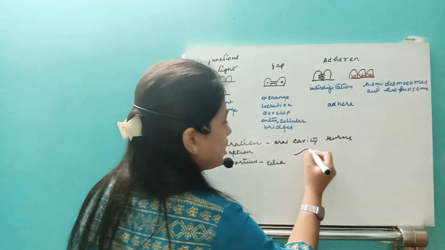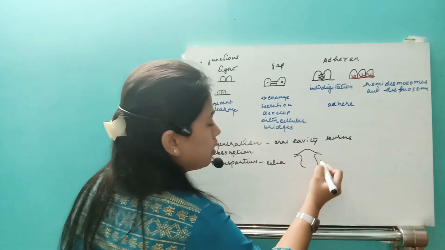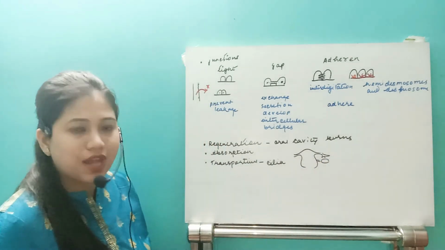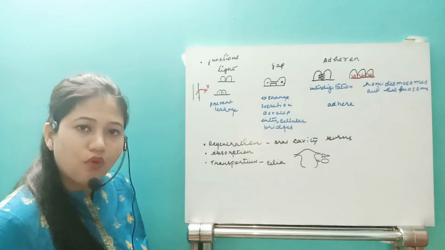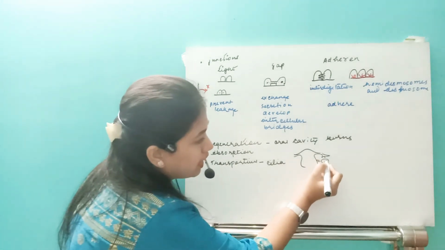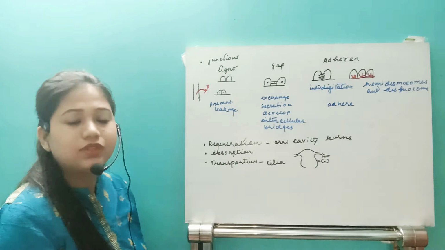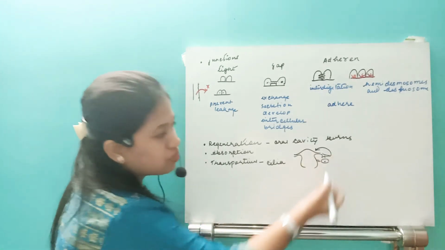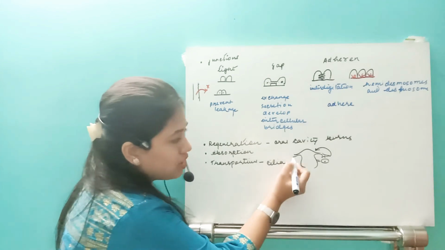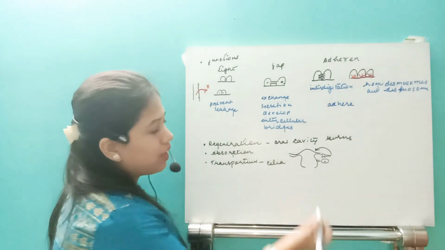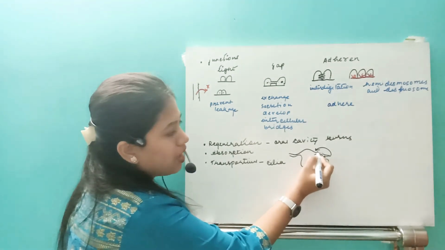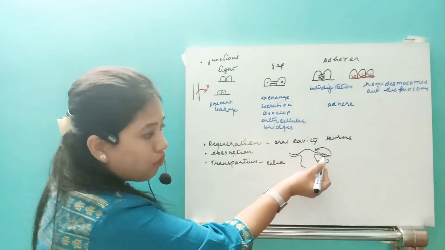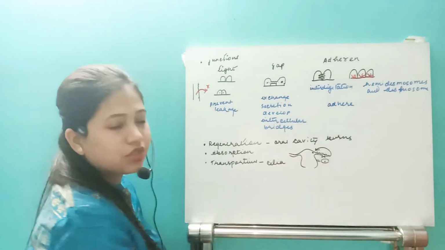Suppose you see the example of the female reproductive system. What happened? The ovary produces the ovum, and that ovum will be caught by the fallopian tube. Then how is it possible that the ovum can move from this region to this region? It is actually the fallopian tube. The fallopian tube has cilia, and that cilia will beat and transport the ovum from one region to the next, right?